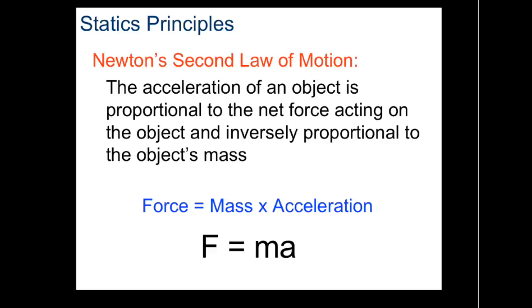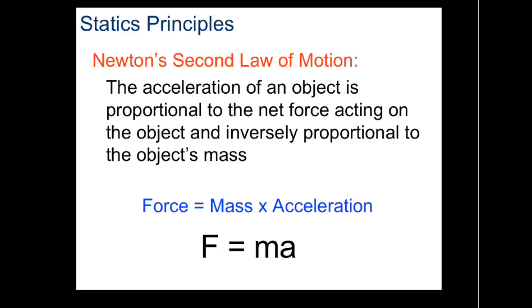Newton's second law says that the acceleration of an object is proportional to the net force acting on the object and inversely proportional to the object's mass. What does that mean? Well, for force, you can think of it like this. If you want to calculate a force, you have to know the mass of an object and the acceleration of an object.